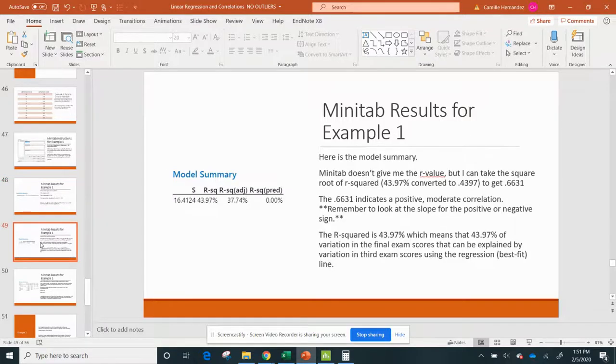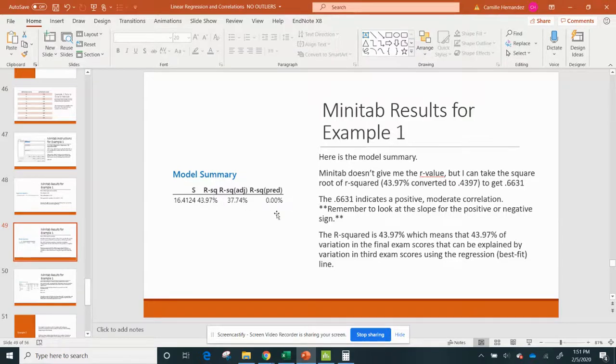But before I can see if it's significant, I need to see what the R value and the R squared are. What I'm going to look for first is my R squared value. And here it is, it's 43.97.